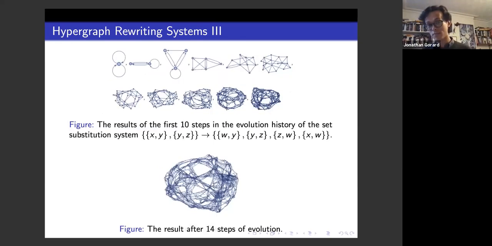Then if we take some initial state, say a hypergraph with a double self-loop initial condition like this, and we repeatedly apply that rule in accordance with some canonical updating order, and I'll talk a little bit more about that in a moment, then we eventually derive something like this. So after 14 steps of applying the rule wherever it can be applied in some non-overlapping way, we eventually get something rather complicated looking like that.